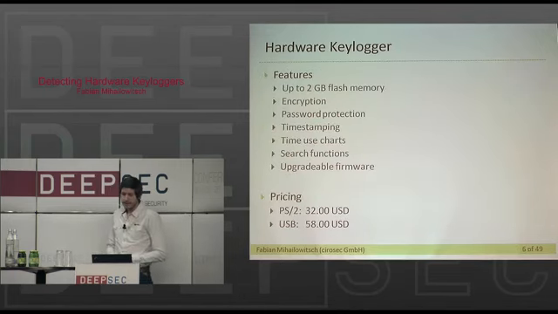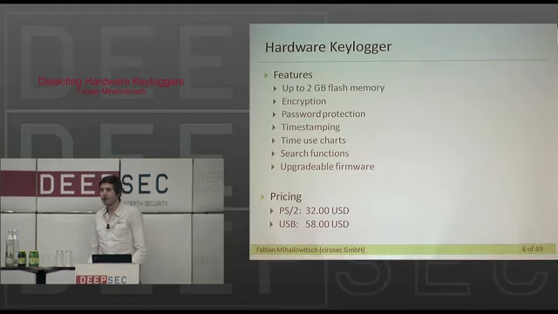Features of current keyloggers: they have up to 2 gigabytes of flash memory, so you can log plenty of data. They provide encryption, so if the keylogger gets lost, nobody can recover the memory unless they have the right password. They have time-stamping functions where every key press is assigned a timestamp, and you can create time-use charts to see when the computer was used.